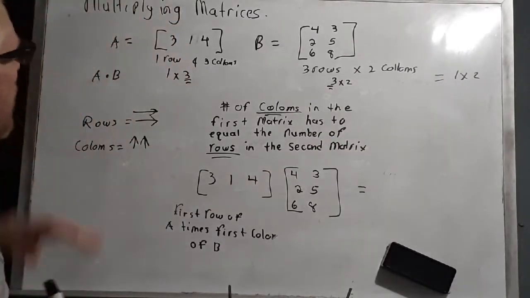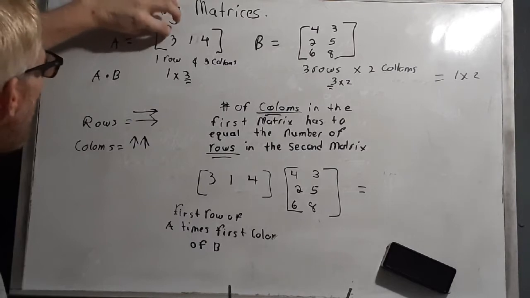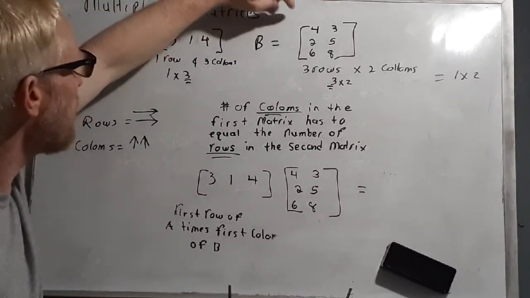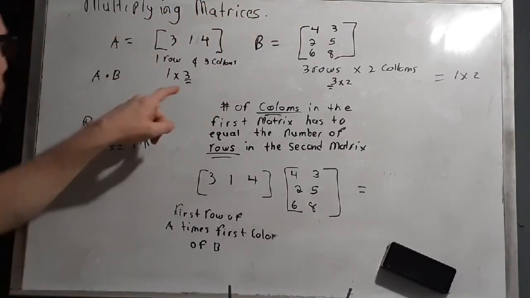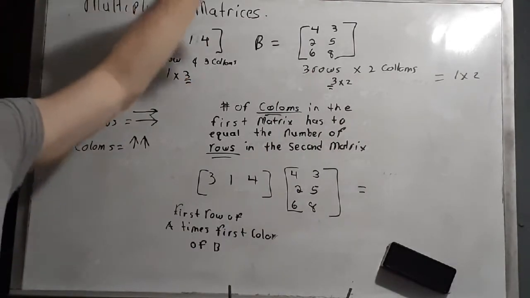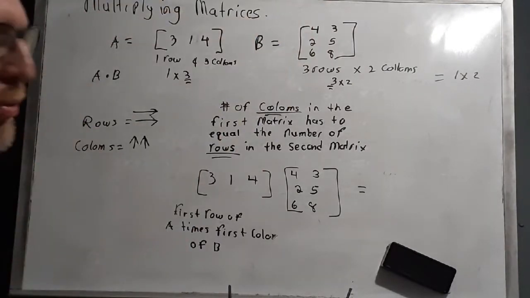Again, the number of columns, which in this case is 3, must be equal to the number of rows of matrix B, which is 3. So I know I can multiply them. If the number of columns of the first one is not the same as the number of rows in the second matrix, you cannot multiply them.